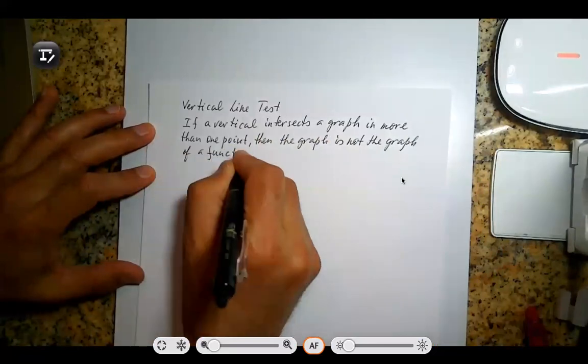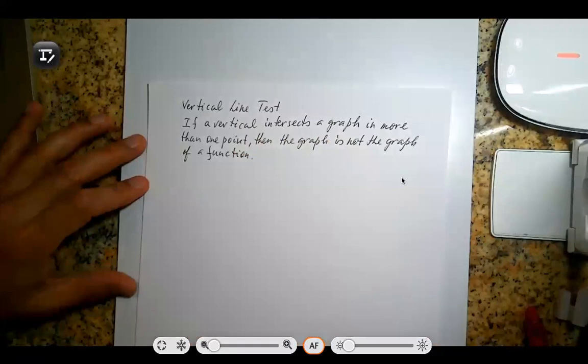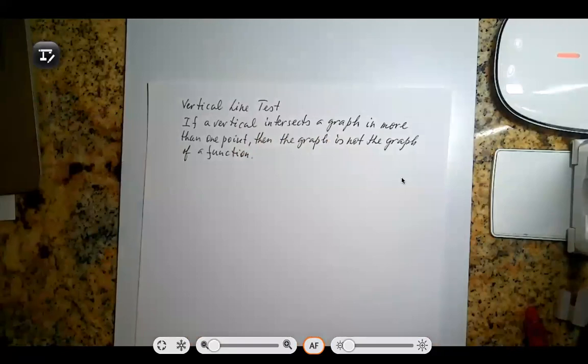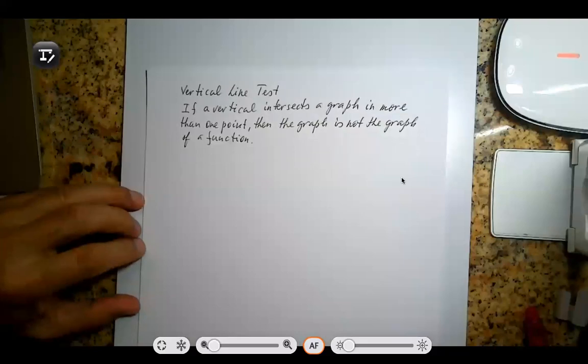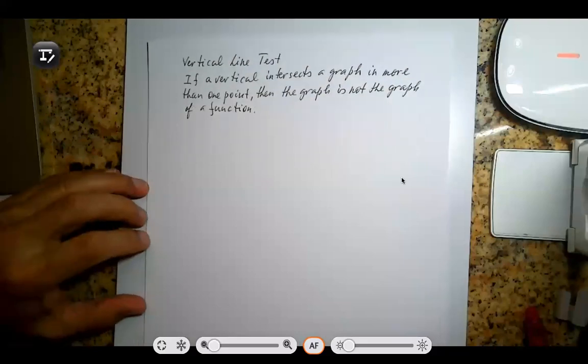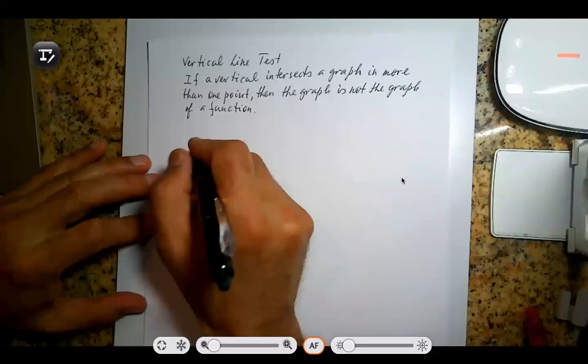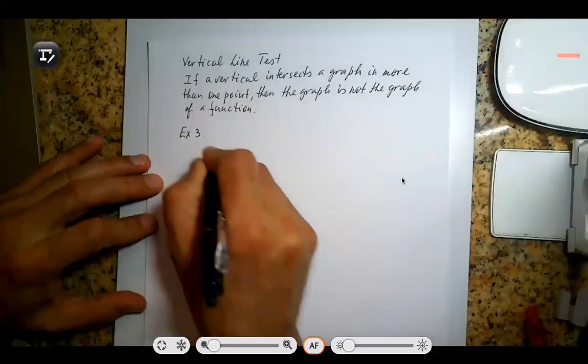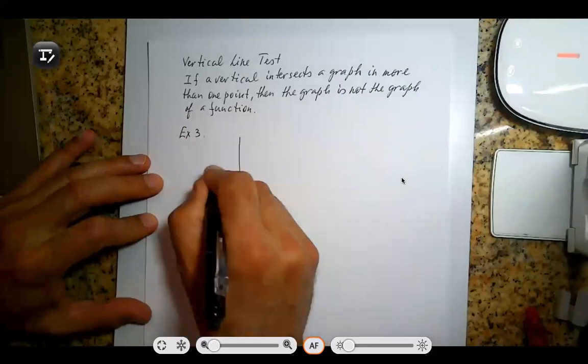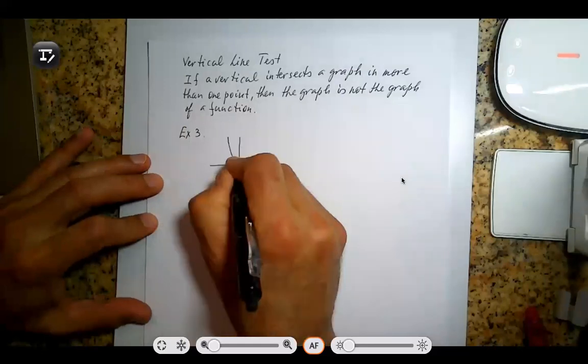So every vertical line has to cross the graph in no more than one point. So in the previous example, we had y equals x squared.